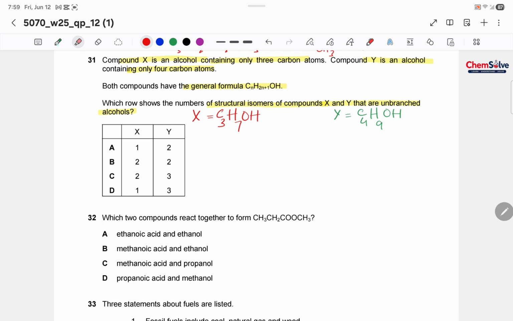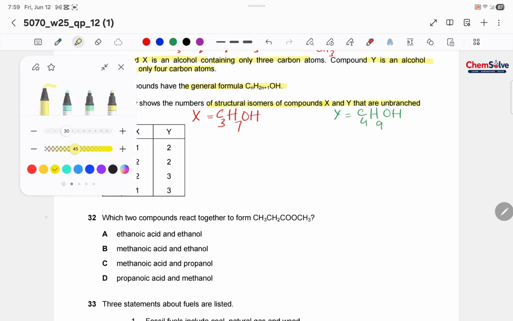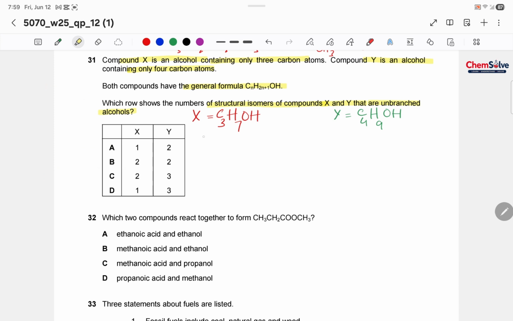So isomers of X. We can put all 3 carbons in a straight line like this, and then hydroxyl group would be attached with the central carbon like this. These are the only 2 possibilities of the structural isomers of the X.